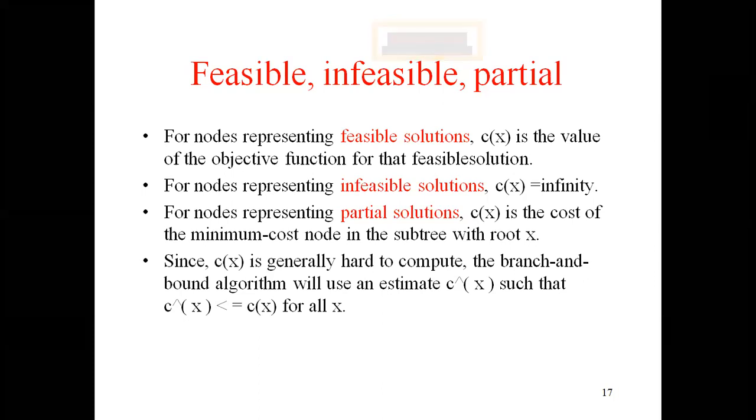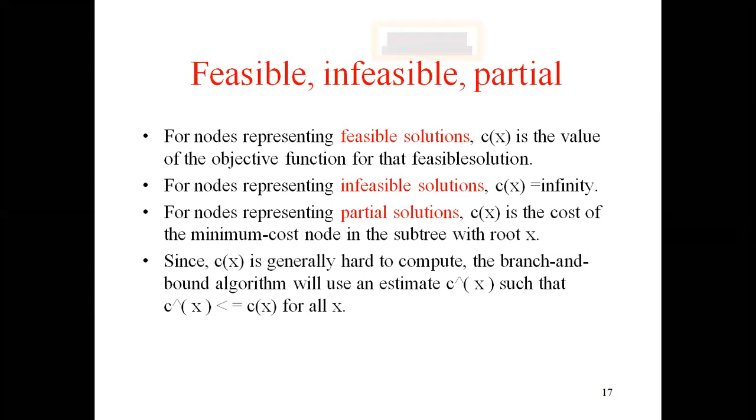For nodes representing feasible solutions, C of x is the value of the objective function for that feasible solution. For nodes representing infeasible solutions, C of x is equal to infinity.